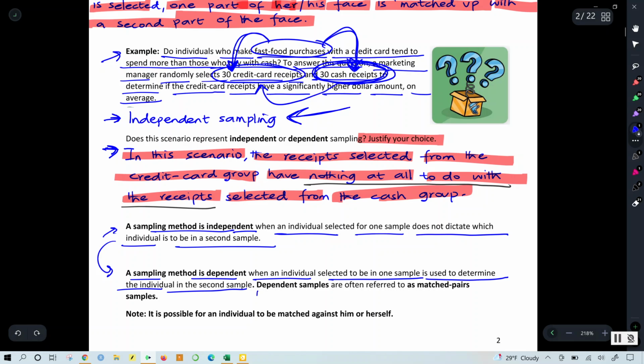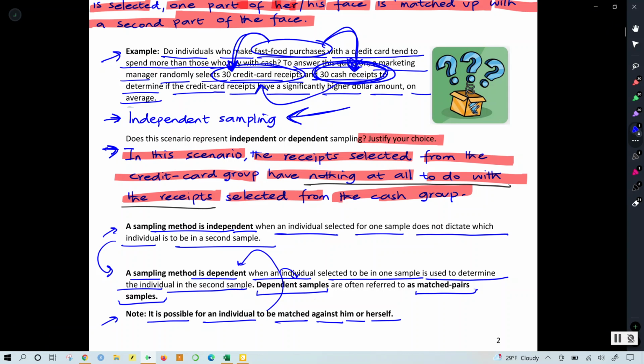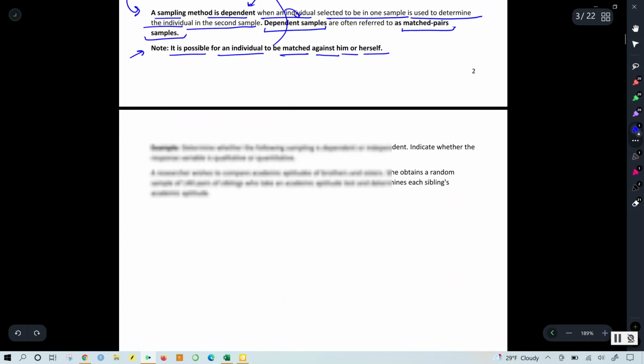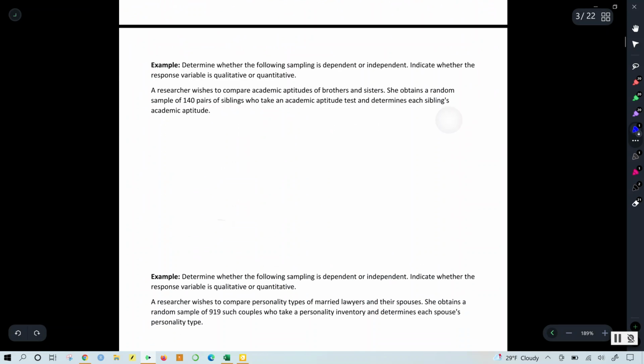Please note, dependent samples are also referred to as matched pair samples. And note that it is possible for an individual, in the case of dependent samples, to be matched against him or herself.